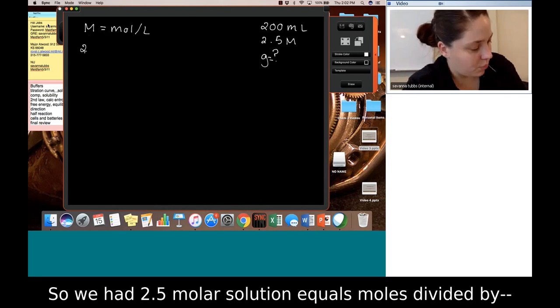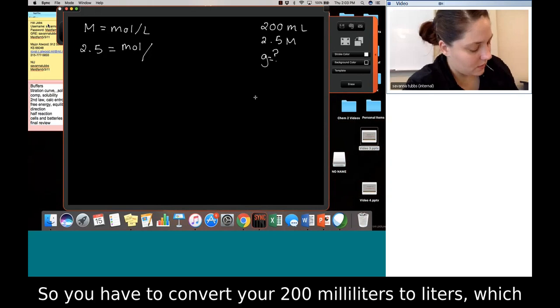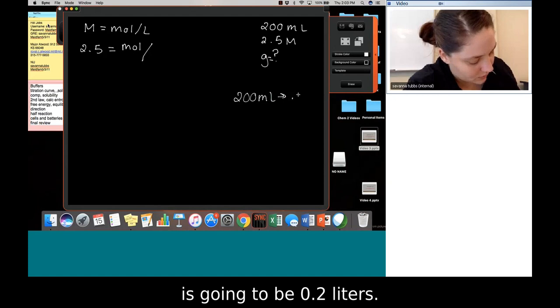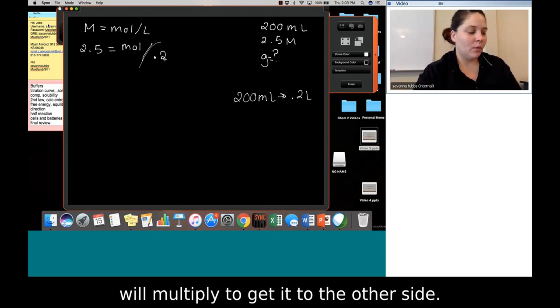We can set up the information we're given in our formula. We have a 2.5 molar solution equals moles divided by liters. It has to be in liters and we're given milliliters, so you have to convert your 200 milliliters to 0.2 liters. Because it's dividing, we will multiply to get it to the other side.